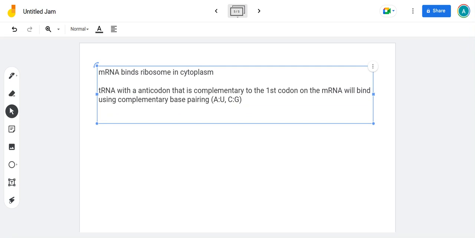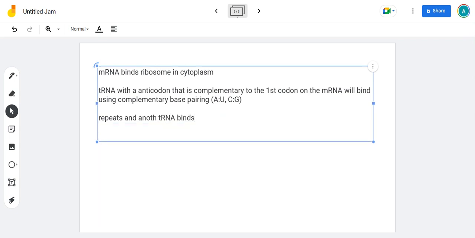Next, what happens is this repeats and another tRNA binds. Then what happens is the two amino acids held at the other end of the tRNA bind together by a peptide bond.